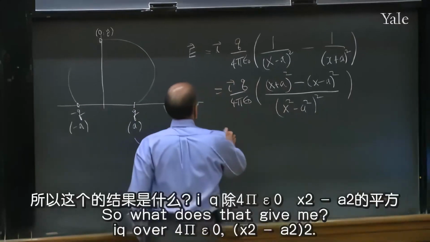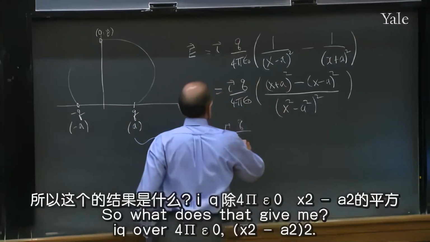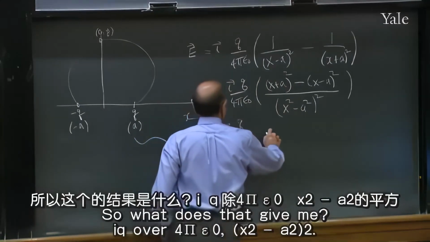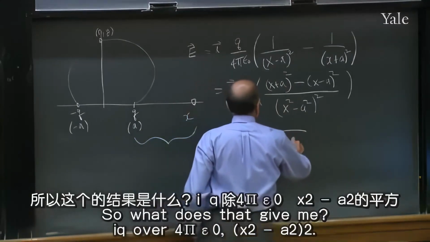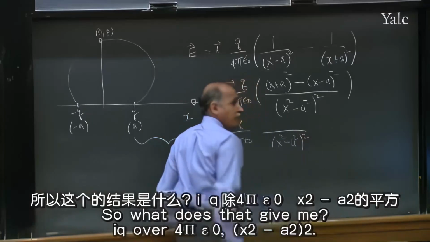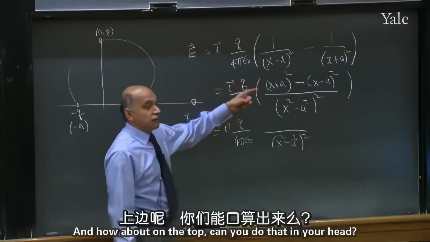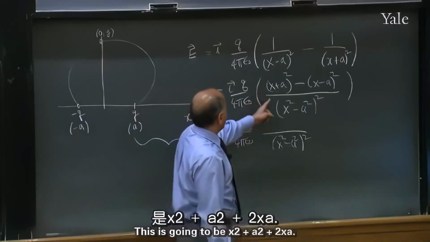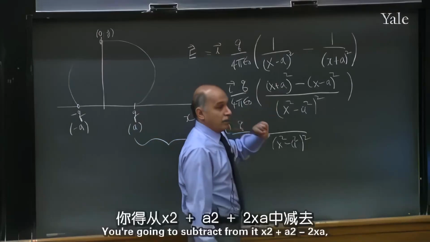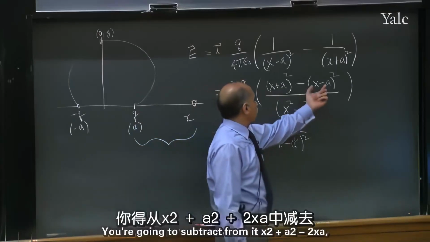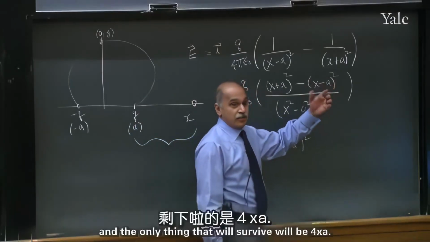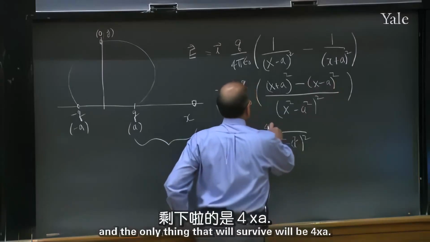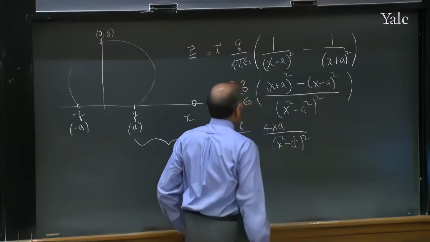So what does that give me? i q over 4 pi epsilon 0 times (x squared minus a squared) squared. And how about on the top? Can you do that in your head? This is going to be x squared plus a squared plus 2xa. You're going to subtract from it x squared plus a squared minus 2xa. And the only thing that will survive will be 4xa.